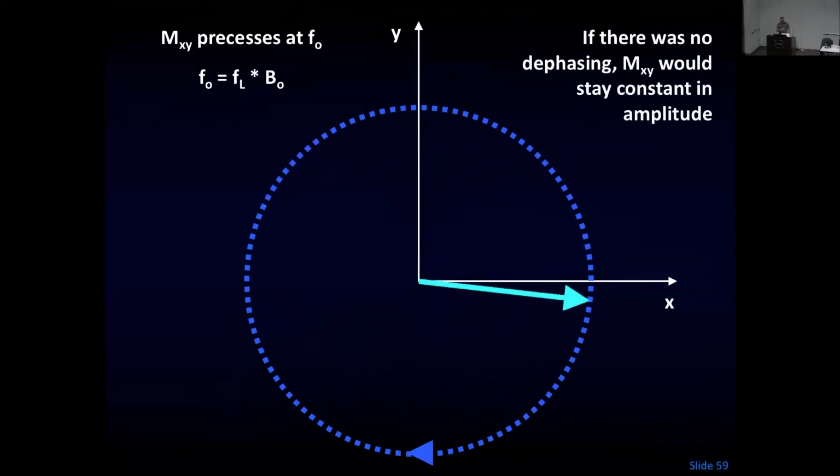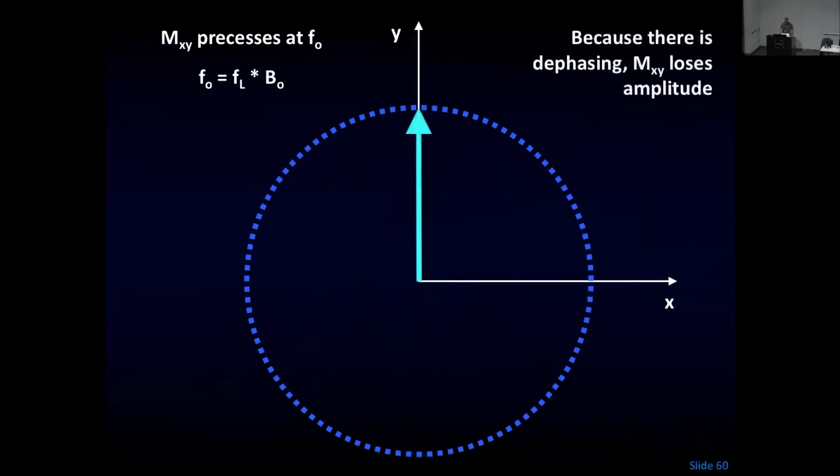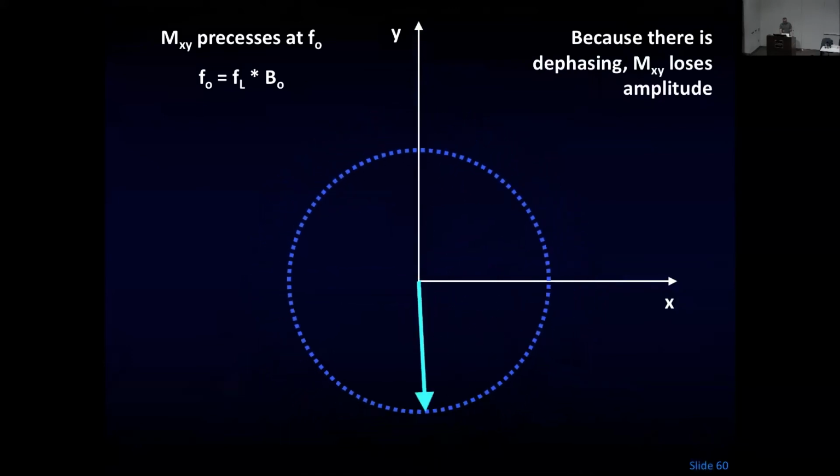If there was no such thing as dephasing, this would precess for an infinite amount of time at constant amplitude. But that assumption that there's no dephasing is incorrect. There is dephasing, and because there is dephasing, MXY loses amplitude over time.